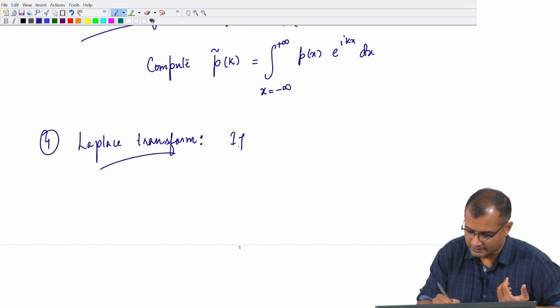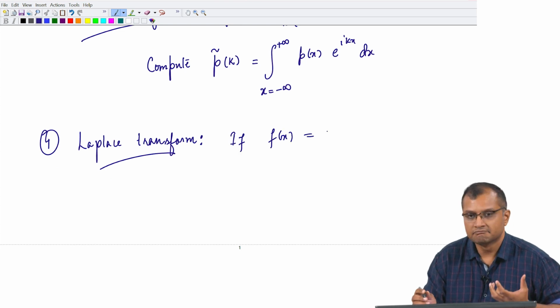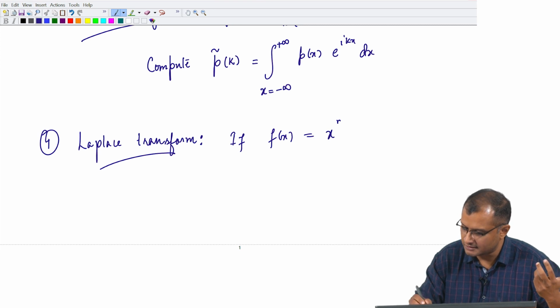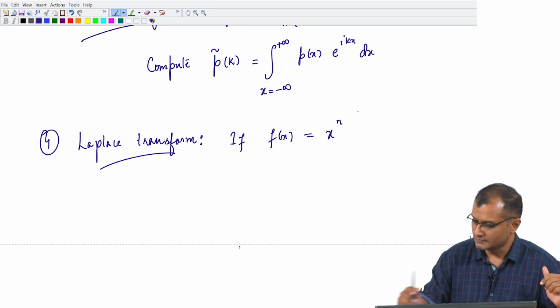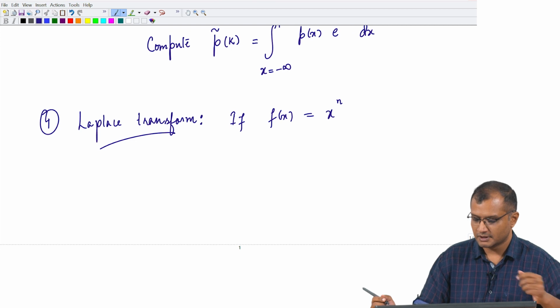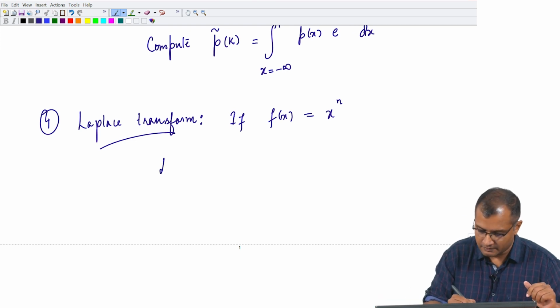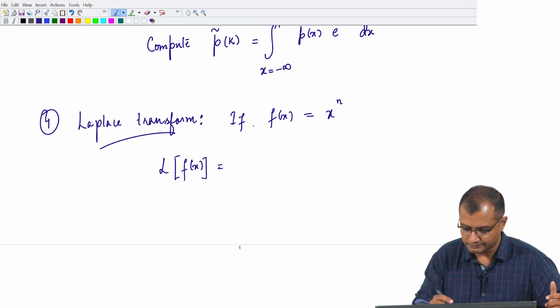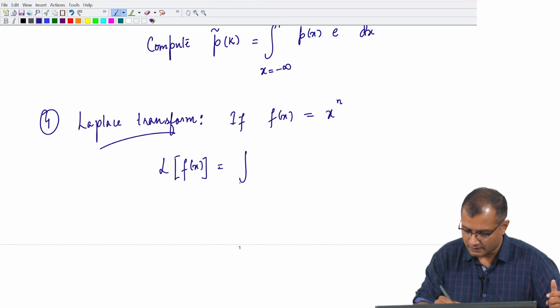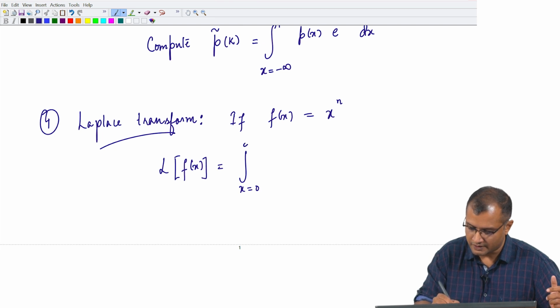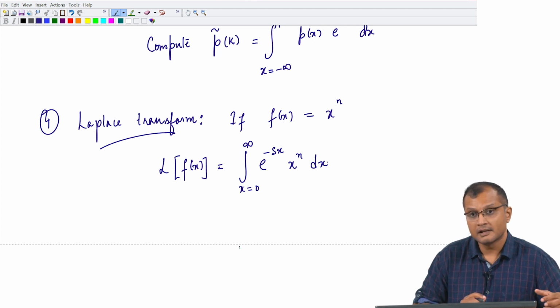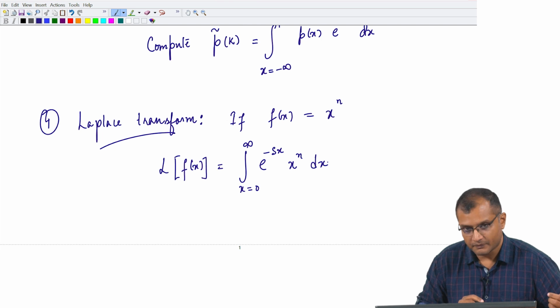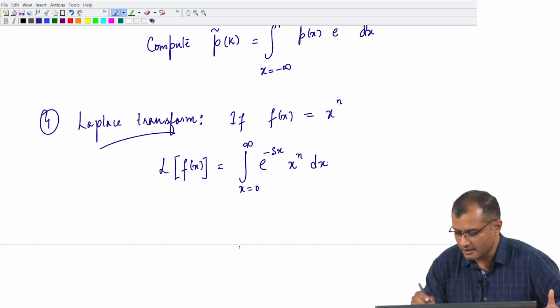So, if you take a function, let us say you take a power law x to the power n, then the Laplace transform of this function is defined as an integral, x going from 0 to infinity, e to the power minus s x times x to the power n dx, and naturally this is a definite integration on x.